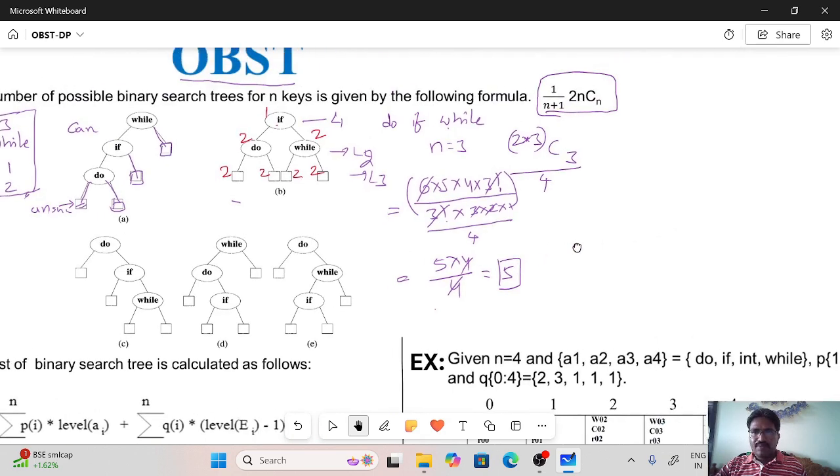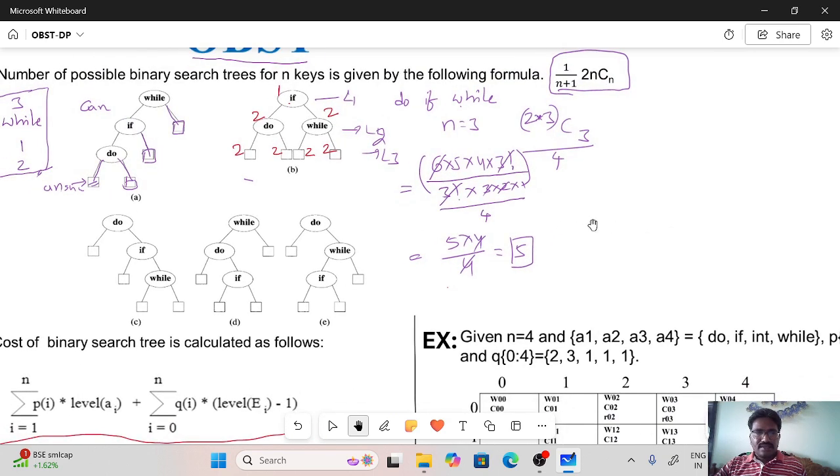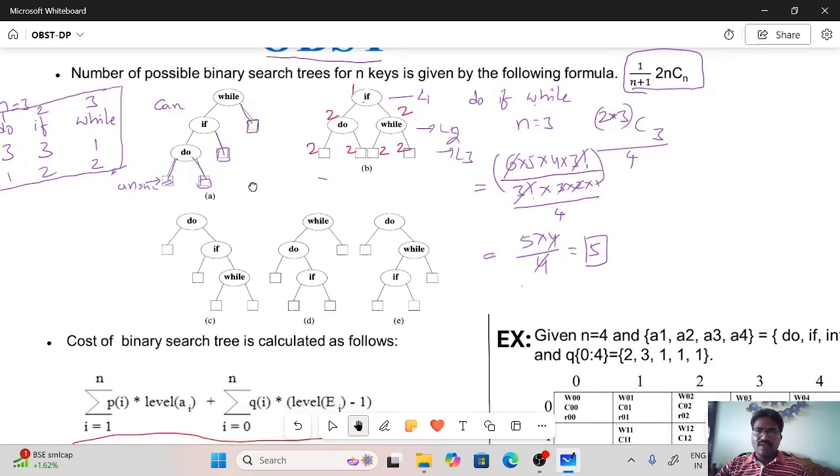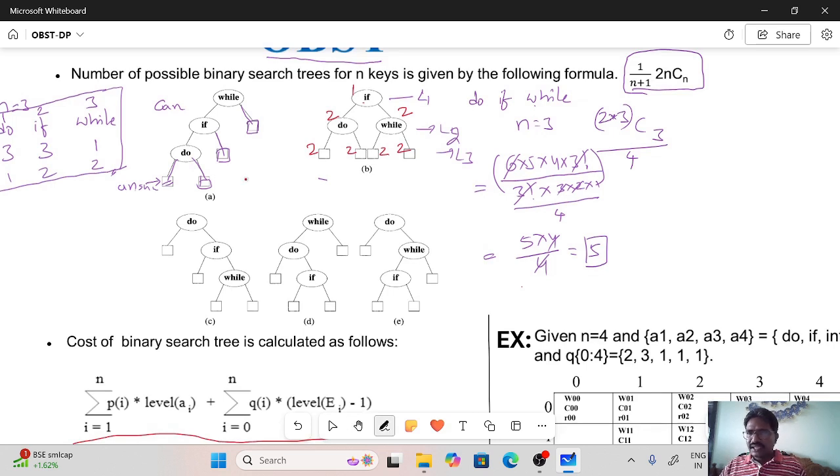So the second one I am going to construct here. So if, yes, what is the if frequency? Let us assume the if frequency, what is the frequency we set for the if? 3. So that means I am going to search 3 times for the if, and at which level is it available?